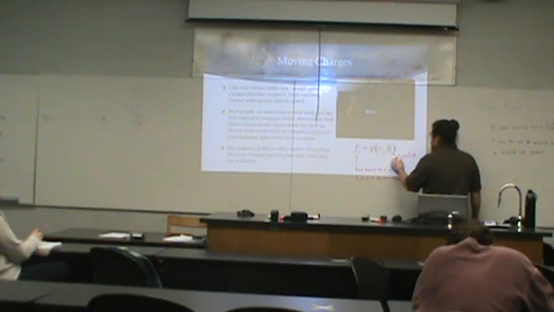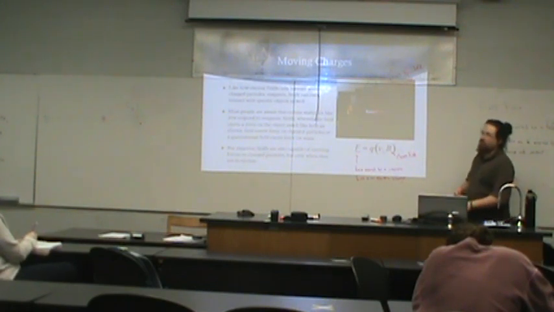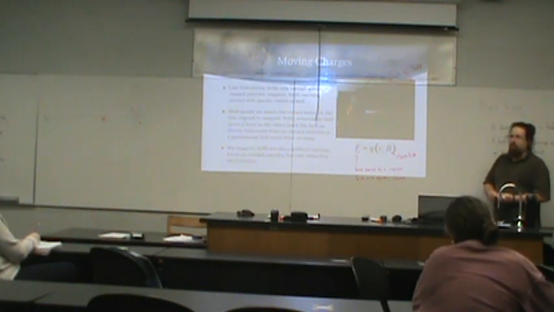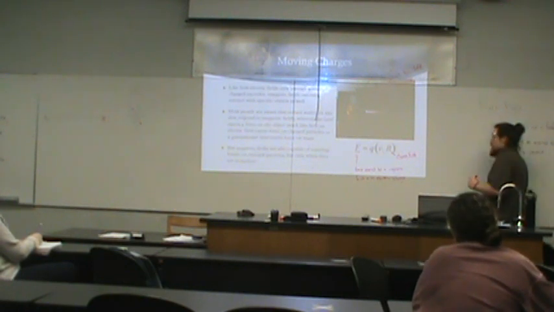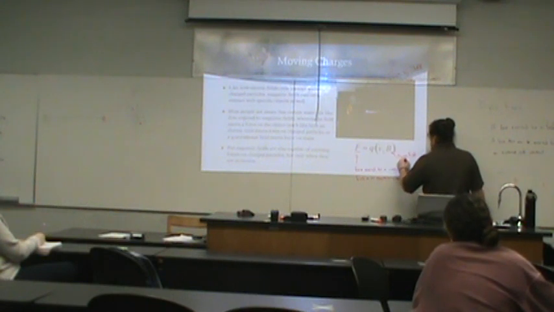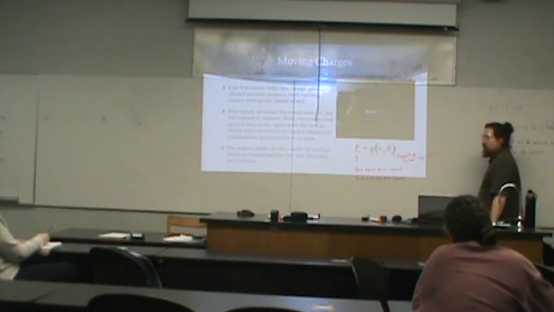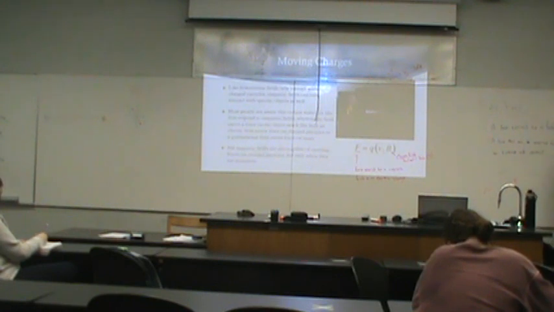So the official variable for magnetic field strength is B. I don't know why. Is it measured? Good question. Magnetic field is measured in Tesla. Magnet begins with an M, the variable is B, unit is T.